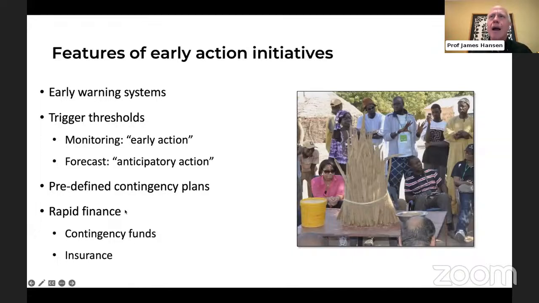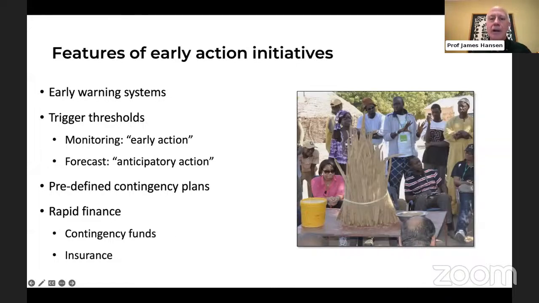But it also needs rapid finance, either through emergency contingency funds or insurance. There are insurance policies that a government, instead of a farmer, can hold. So when a threshold is triggered, contingency plans are activated and funding is released quickly.